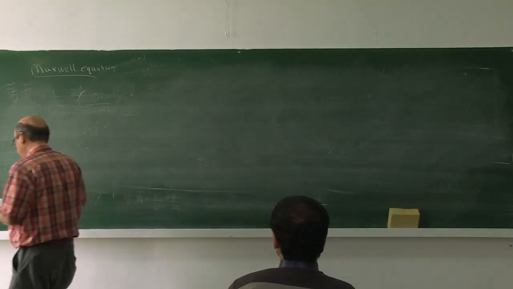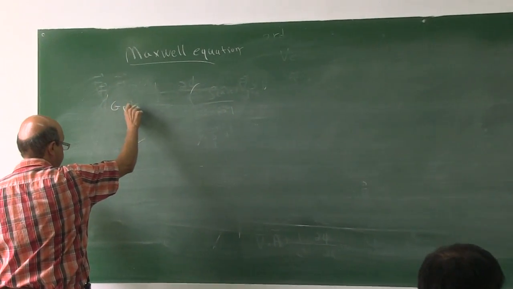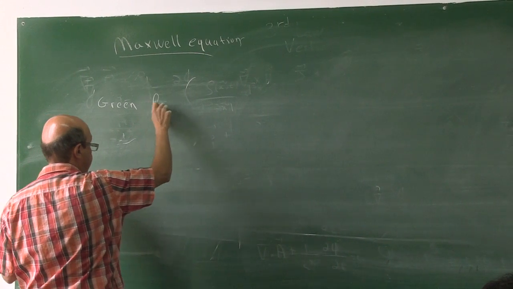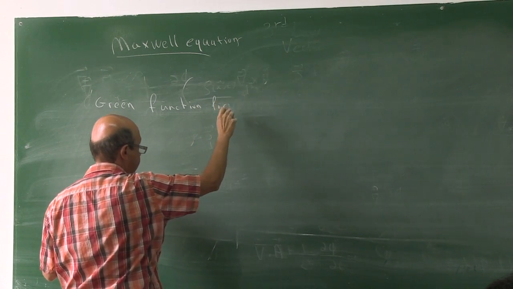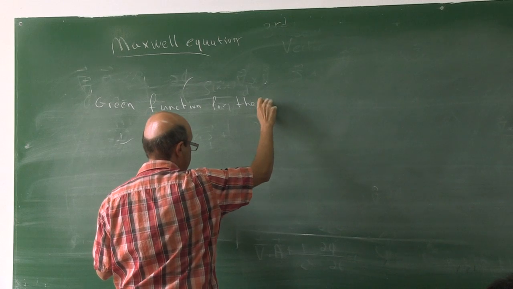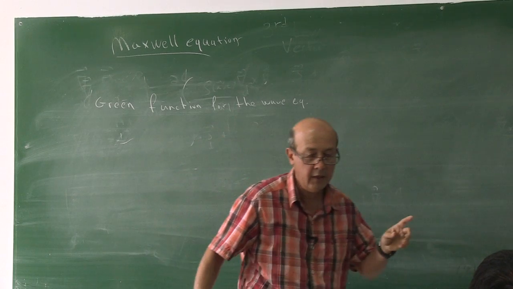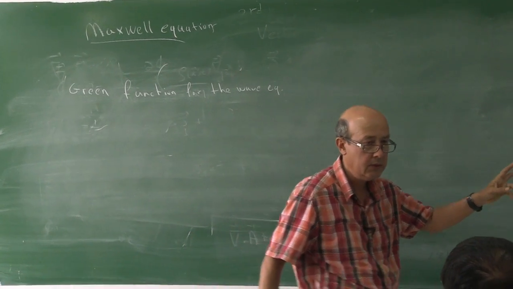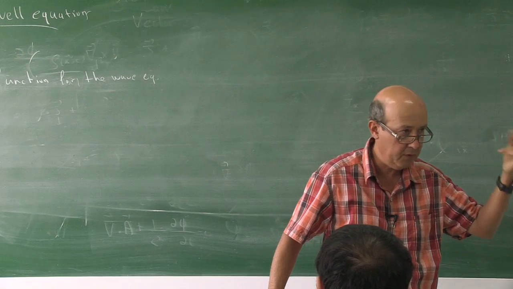So, Green function for the wave equation. If you look at how many equations we have in the Lorentz condition, one non-homogeneous wave equation for the vector potential, one for the scalar.